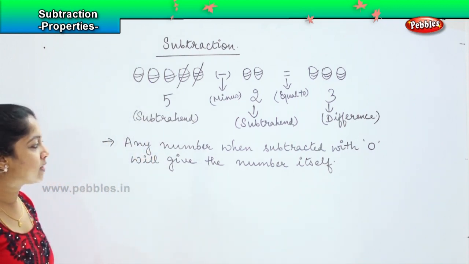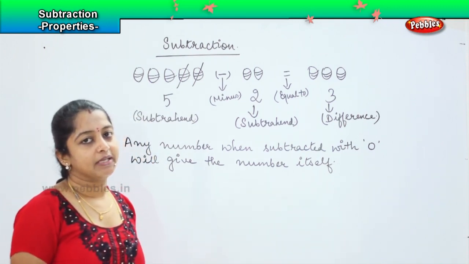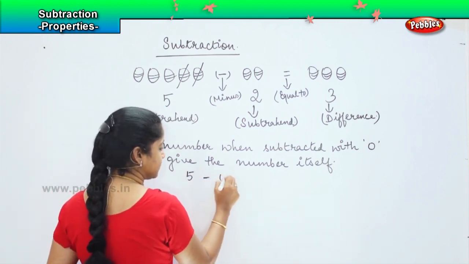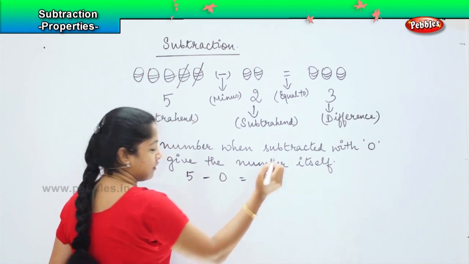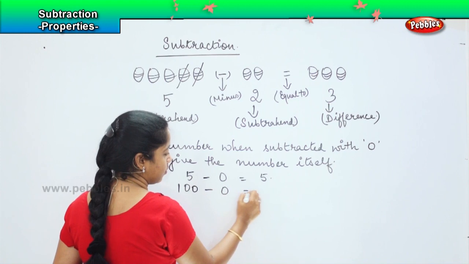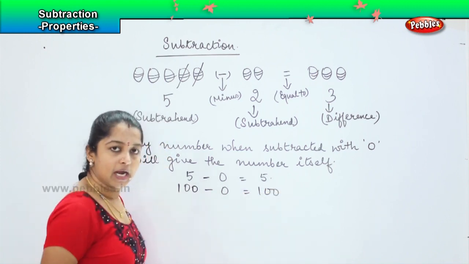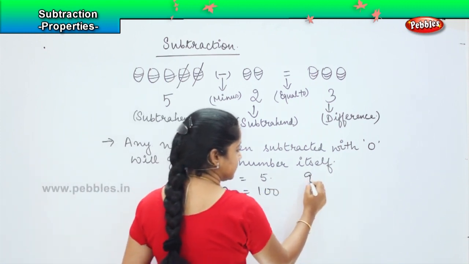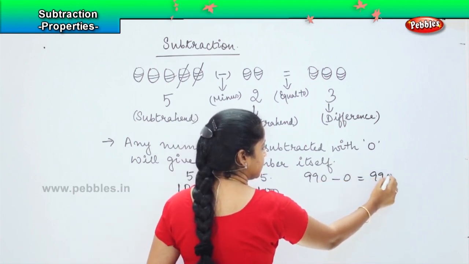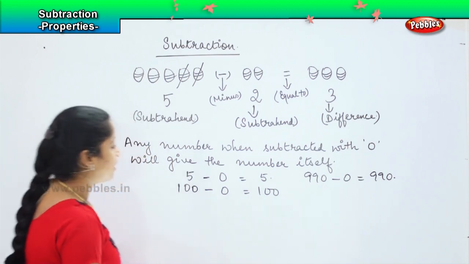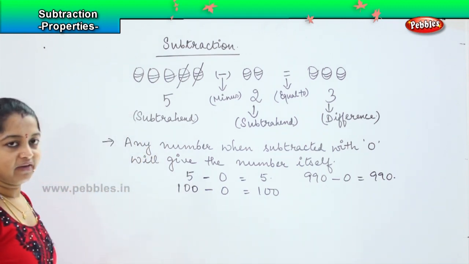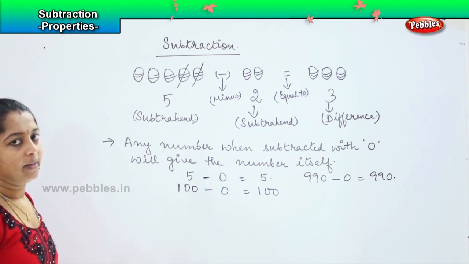So any number when subtracted with 0 will give me the number itself. For example, 5 minus 0 will be 5. 100 minus 0 will be 100. 990 minus 0 will be 990. Okay. So in all the cases, whatever number I subtract with 0 will give me the number itself.